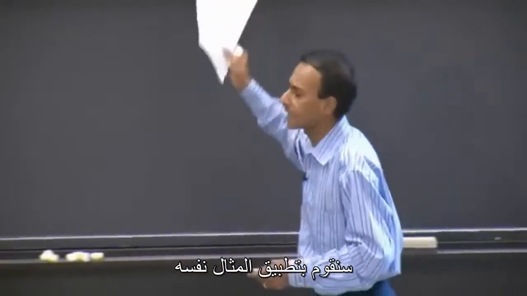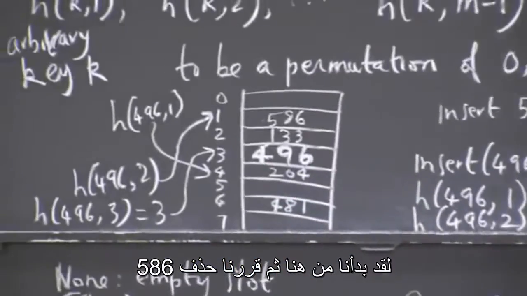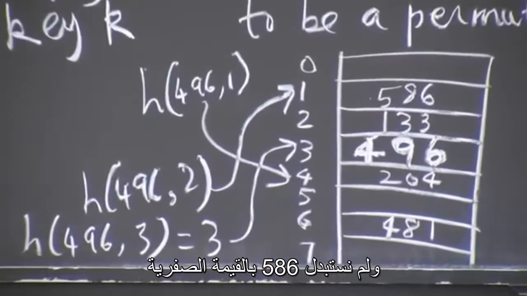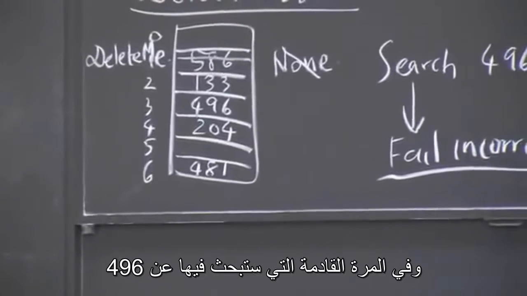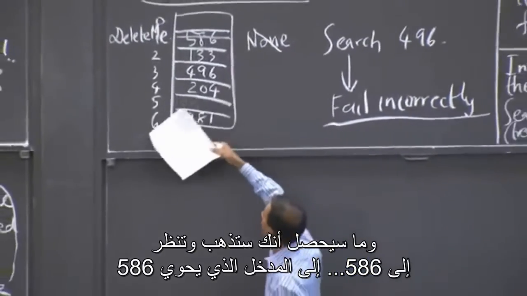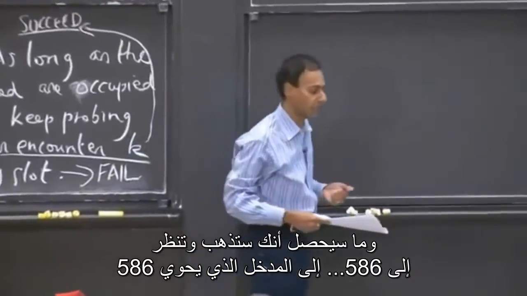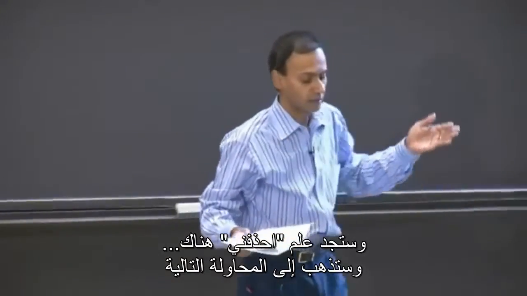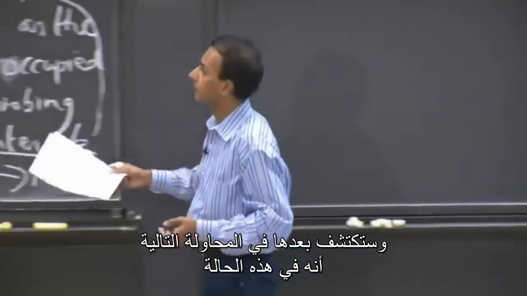So what would happen in our example? Going through exactly the same example, we started from here and then we decided to delete 586, and so we replaced 586 not with none, but with delete me. The next time around, when you search for 496, you go look at the slot that contained 586, and you see that there's a delete me flag in there, and so you go to the next trial.